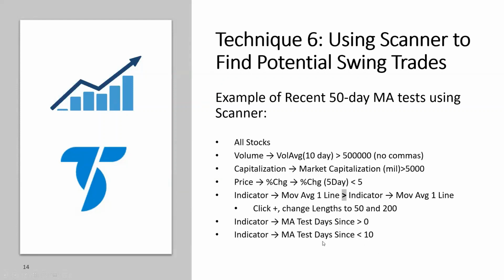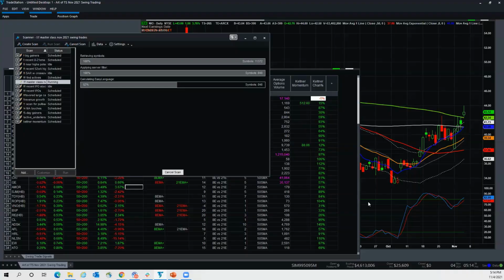This is going to find stocks that tested their 50-day moving average in the last 10 days, that are up less than 5%, and that have a 50-day over the 200-day. All of these are basically hallmarks, or we're describing uptrending stocks. See, it's going slow now, so we're just going to have to keep moving. It narrowed it down from 11,000 to 800, and now it's crunching those.